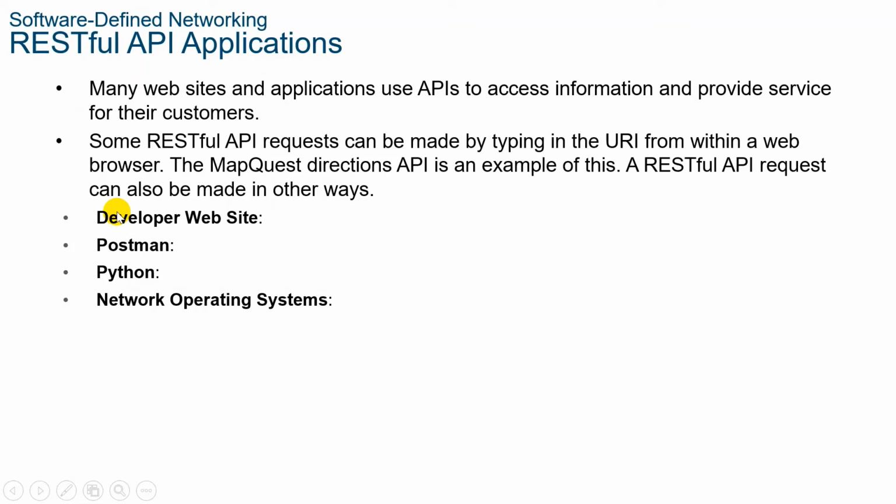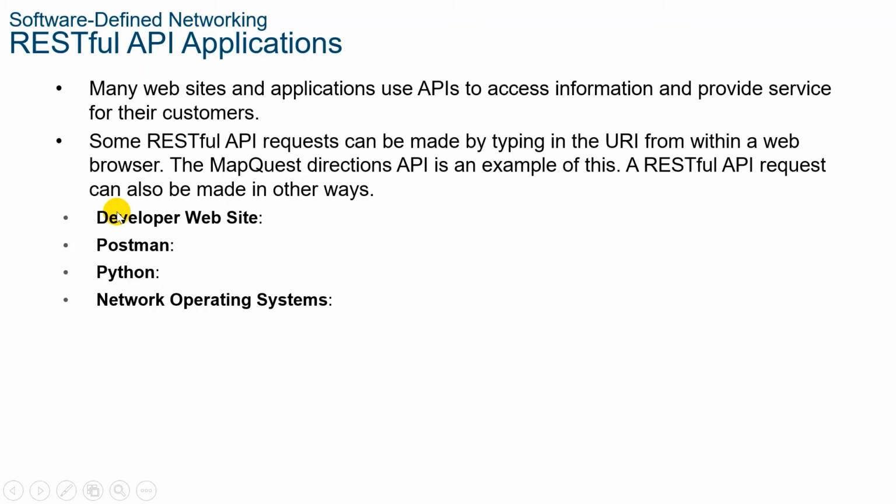Okay, so how about RESTful API applications? Many websites and applications use APIs to access information and provide service to their customers. For example, when using a travel service website, the travel service uses the APIs of various airlines to provide the user with airline, hotel, and other information.